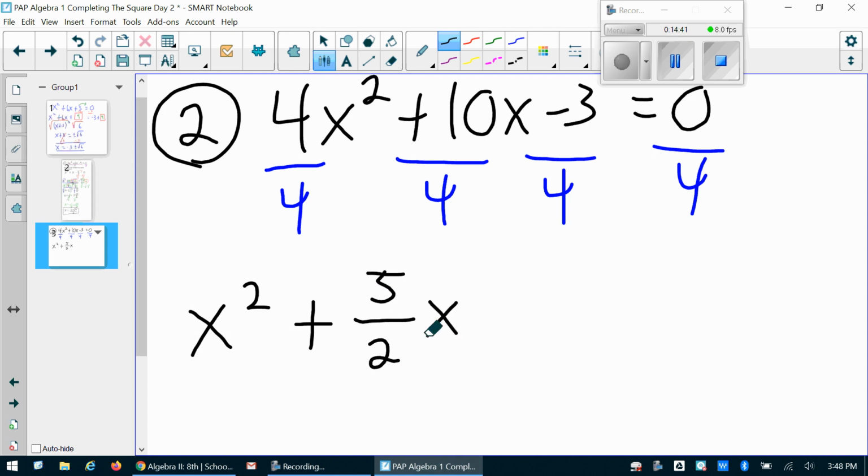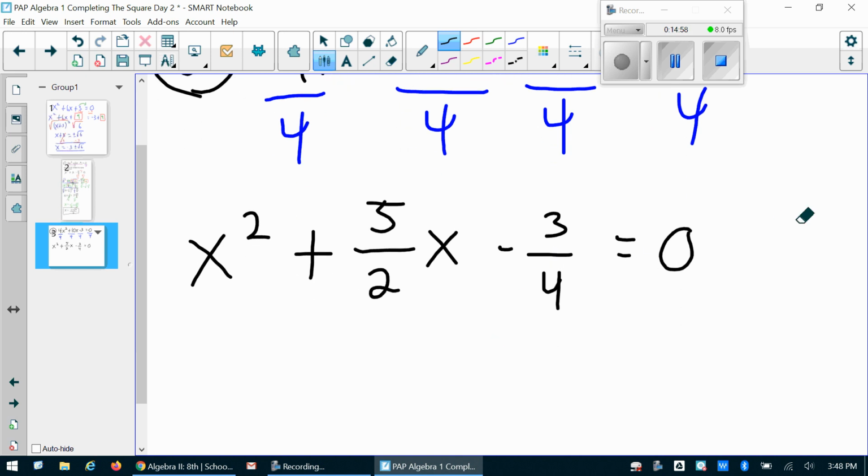Notice I just divided 10 by 2 and got 5, and divided 4 by 2 and got 2. And then minus 3/4, so let's just leave that alone. And 0 over 4 is 0. Okay. So that is my new equation. I just divided both sides by 4.